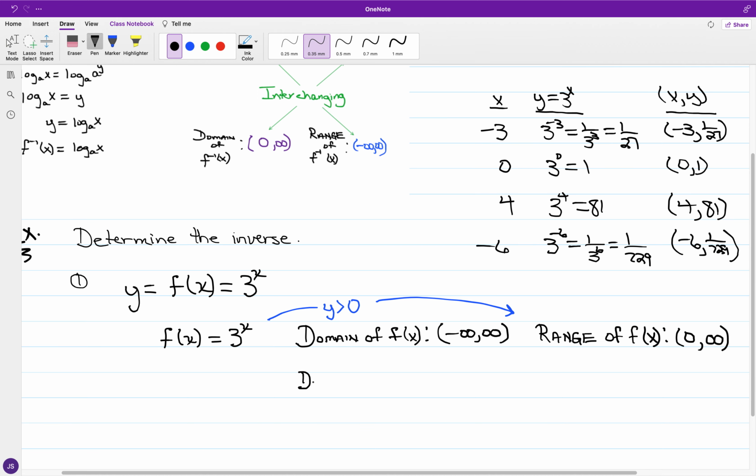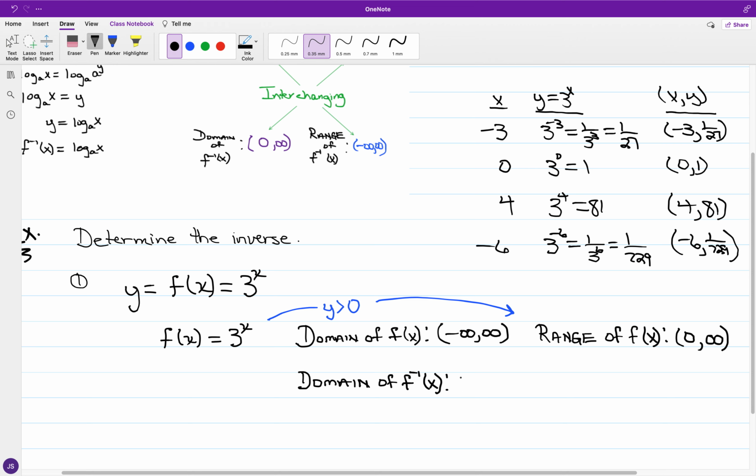And with the domain and the range laid out, now if I were to look at the inverse, remember, we have interchanging x and y values, so the range of the exponential function has those positive values. Well, guess what?